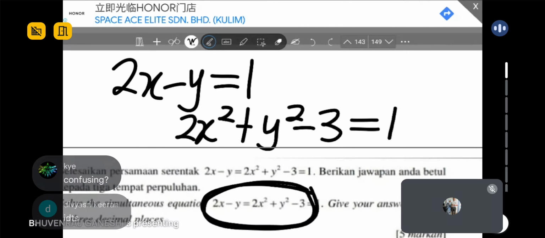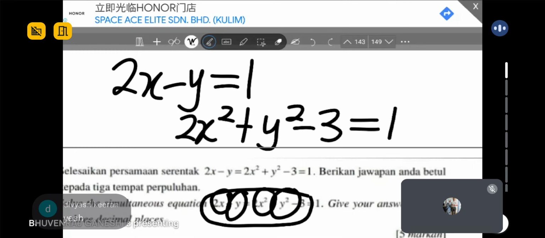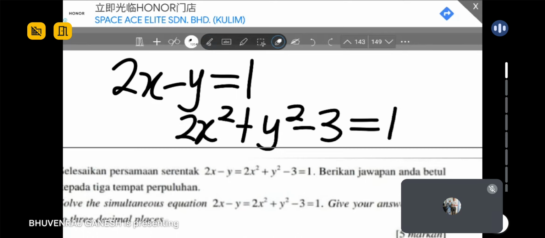Yes. Actually, it's confusing. Dia adalah sangat susah. Why? Because you see x squared, y squared, x, y. Kamu dah ada 4 sebutan. You already have 4 terms. So it's very hard. That's why we don't choose that one. Kita tak mau yang tu. So always remember one linear, one non-linear.